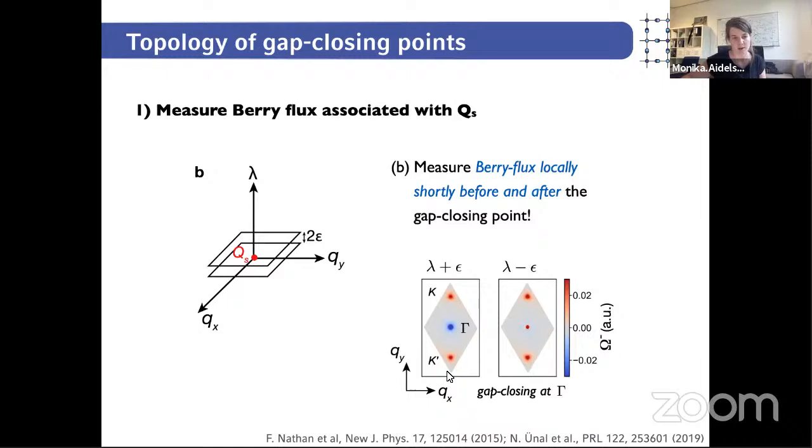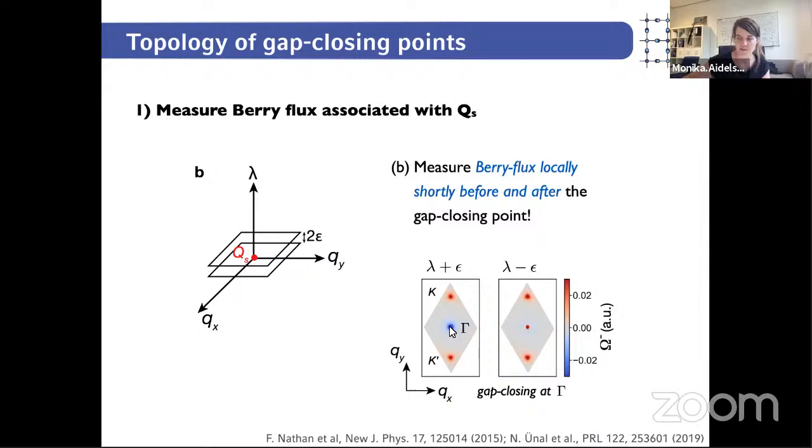These are the reciprocal lattice vectors B1 and B2, which I've shown on one of the first slides when talking about the hexagonal lattice. So here you see there's positive Berry curvature at K and K prime, and there's negative Berry curvature at gamma. So this is at some point after the phase transition.